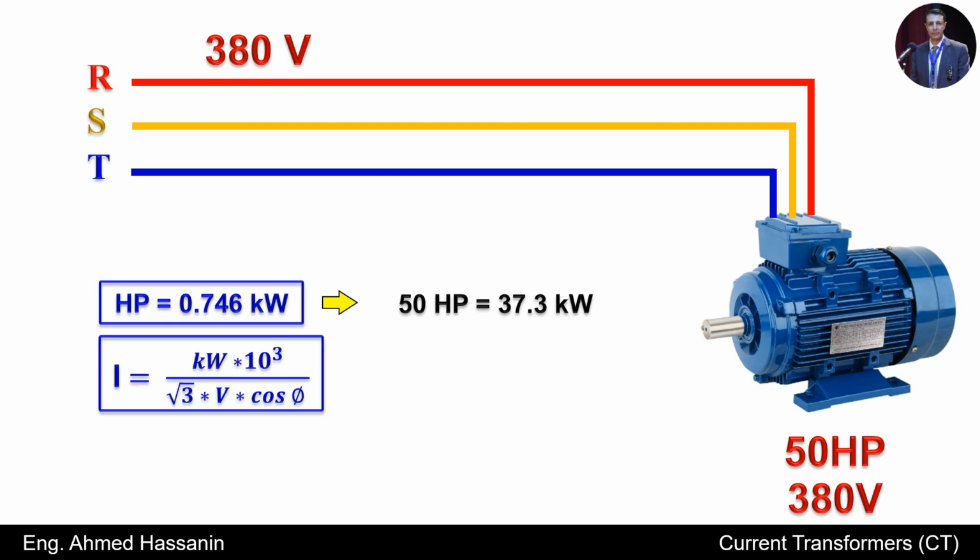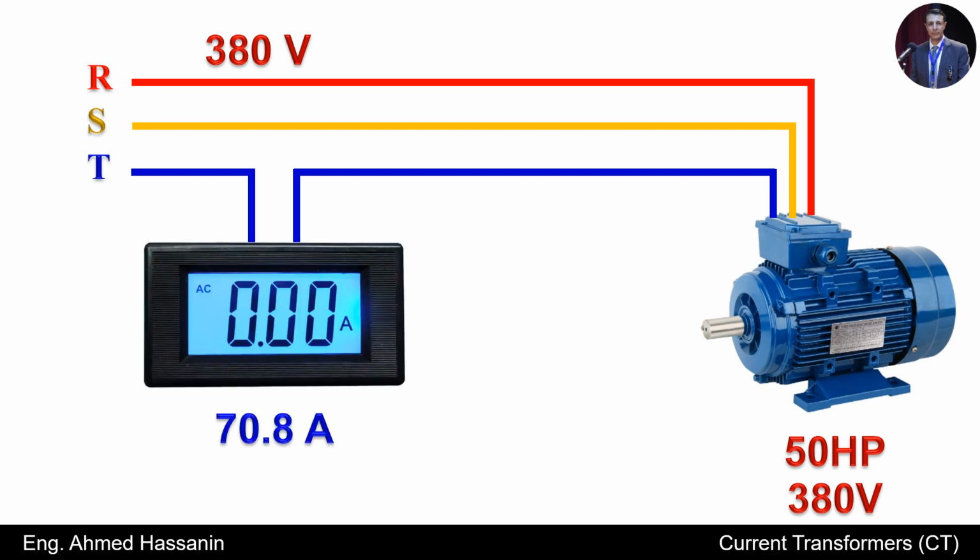The electric current equals the value of kilowatt multiplied by 10 cubed divided by the square root of 3 and the voltage and power factor. So the electric current of the motor is 70.8 amperes. We can also directly measure the electric current of the motor by cutting the phase T and connecting the ammeter directly in series with the phase T or line T.